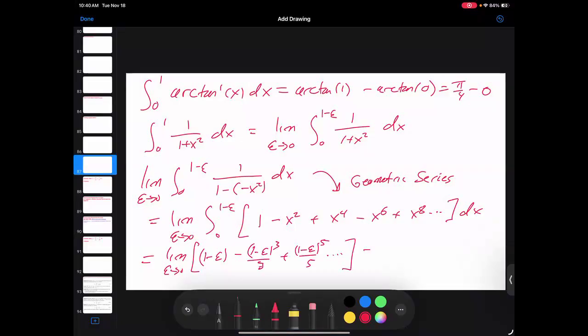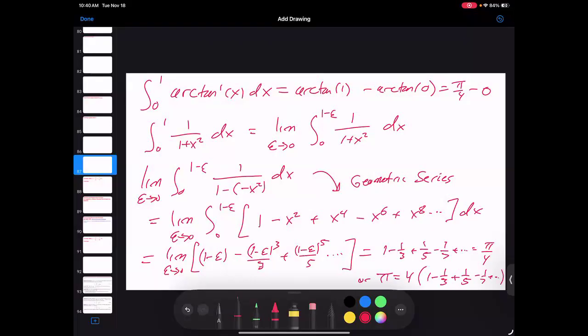And that's going to become, as epsilon goes to 0, 1 minus a third plus a fifth minus 1/7 is pi over 4, or pi is 4 times the alternating sum of the reciprocals of the odd numbers.